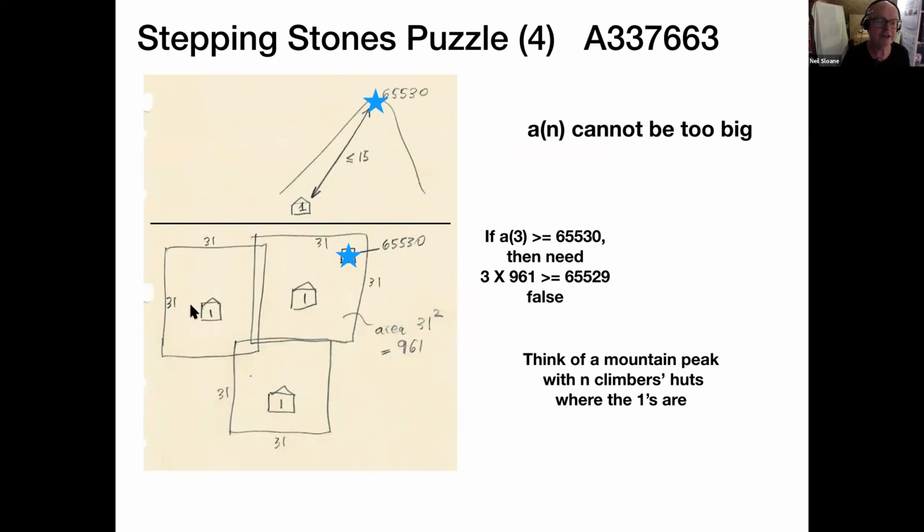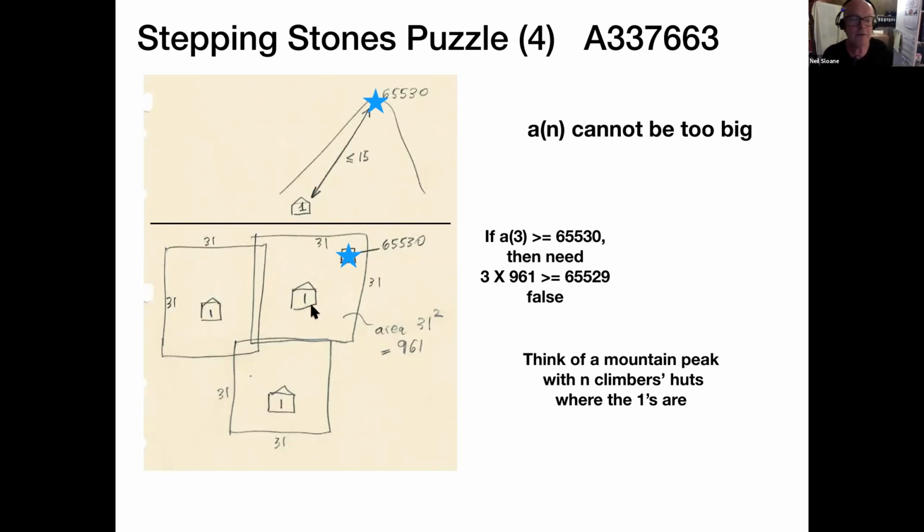Okay, so now let's look at the picture. Let's say we had 3 1s, 3 huts, and each hut is surrounded by a square of size 31 by 31, so that's just under 1,000. So these 3 huts total cover at most 3,000 squares. On the other hand, they've been able to get up to 65530.